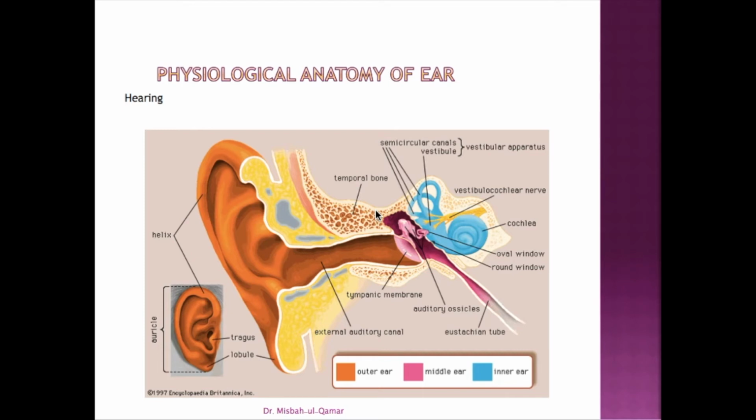You can see in the figure that the pink portion consists of the middle ear cavity, which is an air-filled cavity. It shows the auditory ossicles, which are the three bones present in the middle ear cavity.